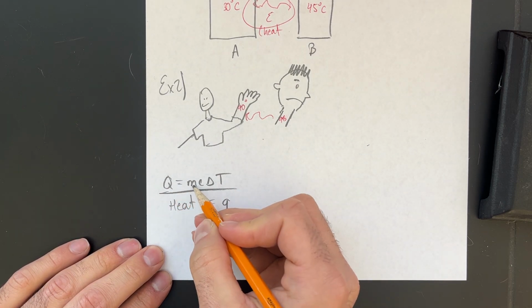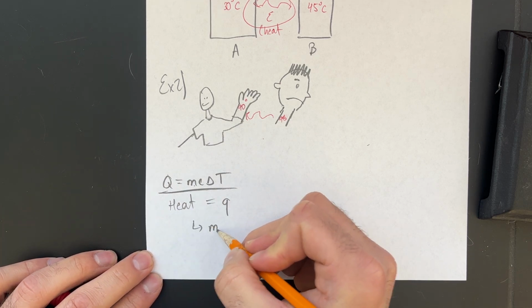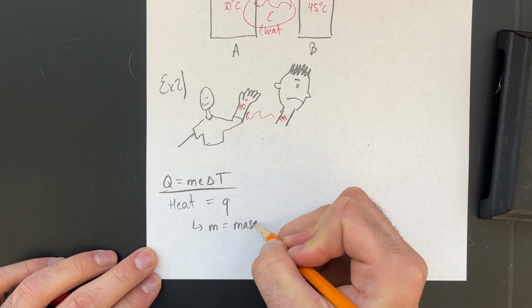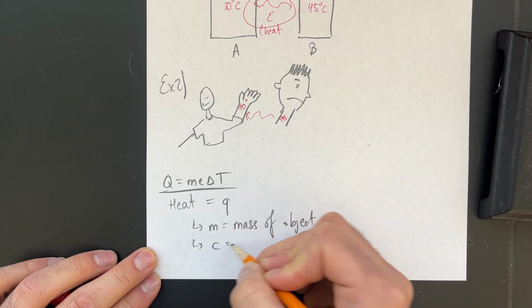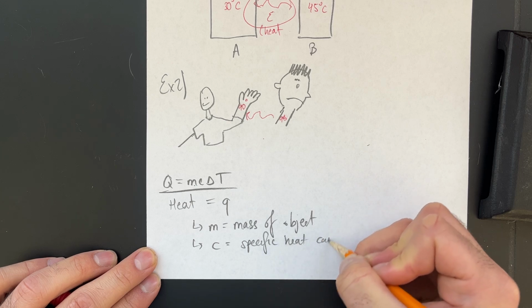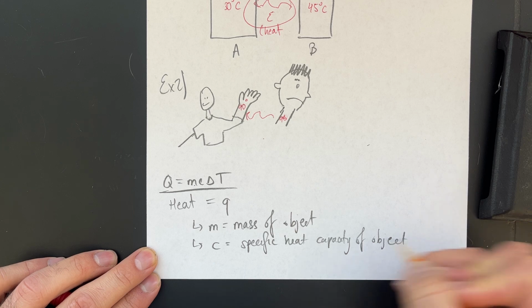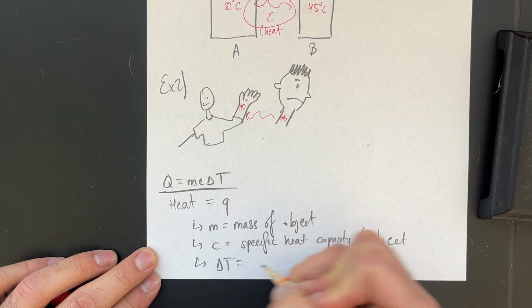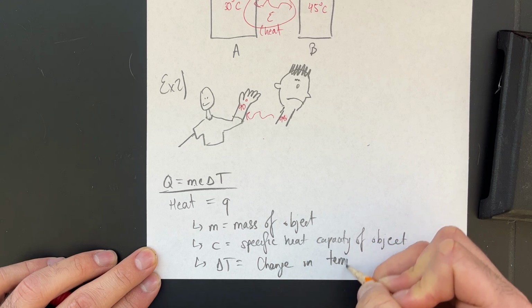We're saying heat is equal to m c delta T. Now, what are these other things? Well, m is equal to the mass of the object, whatever it is. C is equal to the specific heat capacity of the object. And then lastly, delta T is referring to the change in temperature of the object.